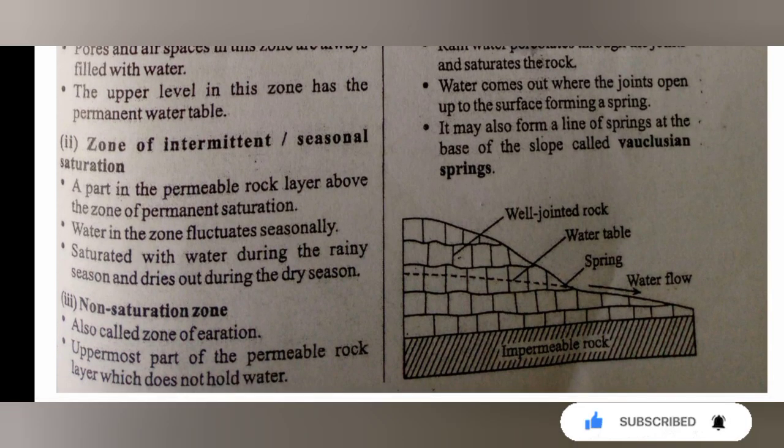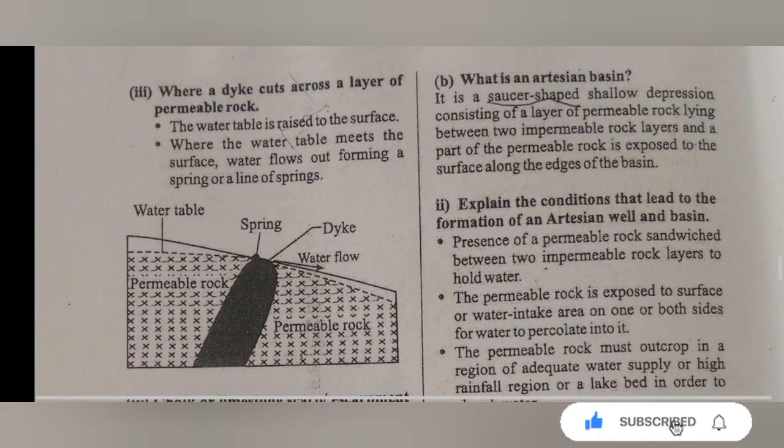You can see the well-jointed rocks. When percolation takes place, you can see where the water table is, and at that point where the water table meets the earth surface, the spring emanates.